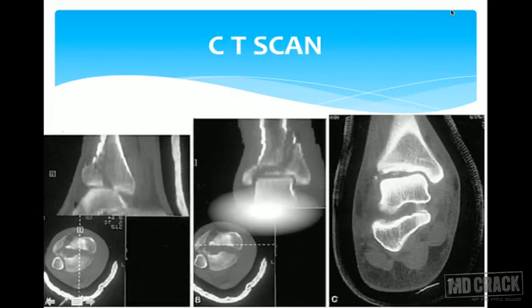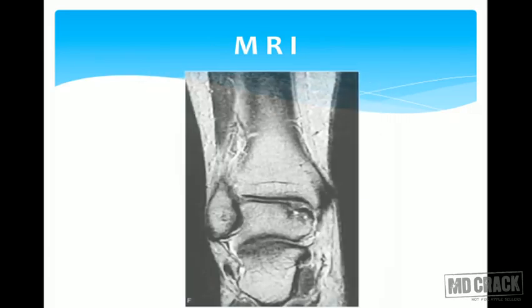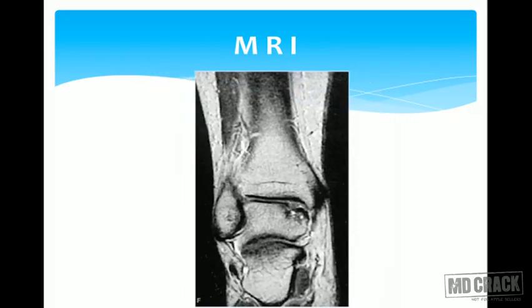Better imaging other than X-rays includes the CT scan, standing for computed tomography, which gives a clear-cut configuration of the fracture fragments, or the MRI, that is magnetic resonance imaging, which gives the soft tissue as well as the bony components, which will help in better management later.